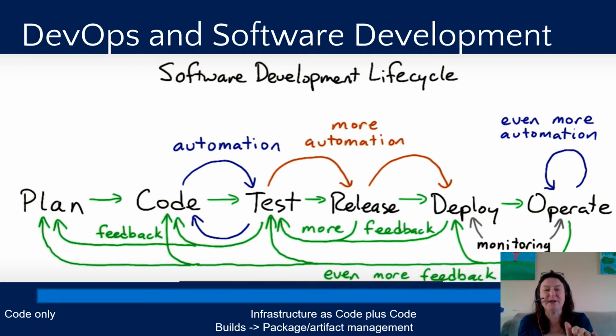If the code fails for other reasons, the feedback can be sent back to the designer, to the planner, and so on. If the release goes okay, it can automatically deploy into the production environment, and in operating, you're going to be monitoring automatically as well and running the system automatically.